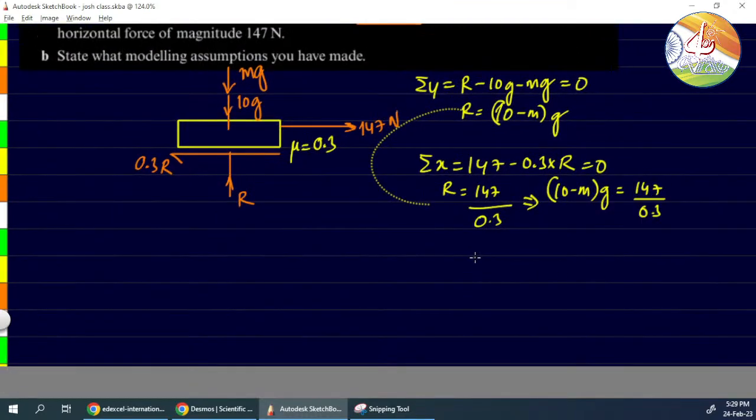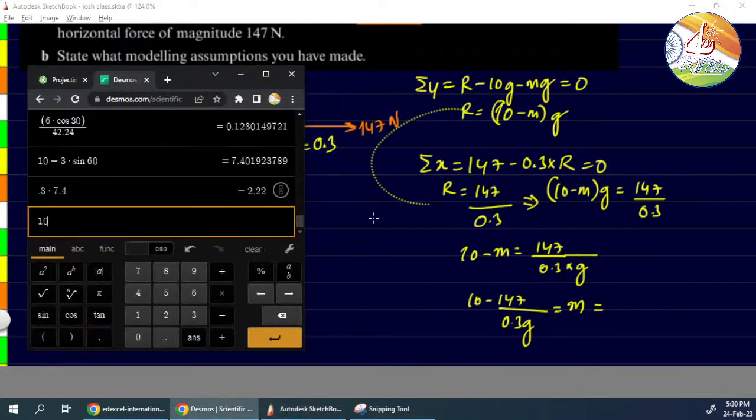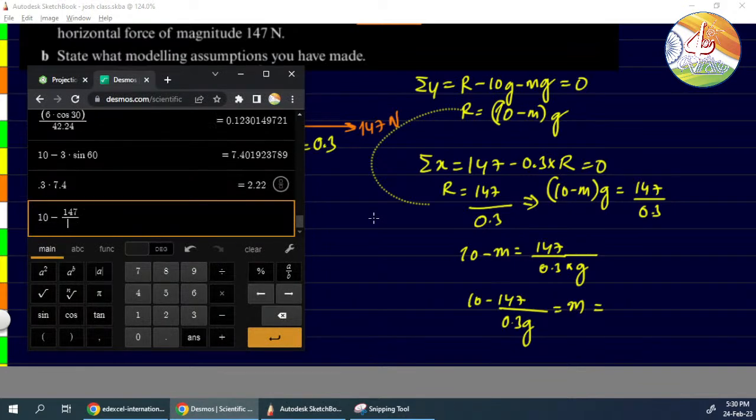So m is 147 by 0.3g, and 10 minus this. Because we have 10 minus m on this side, we get 10 minus 147 by 0.3, so minus 39.95.